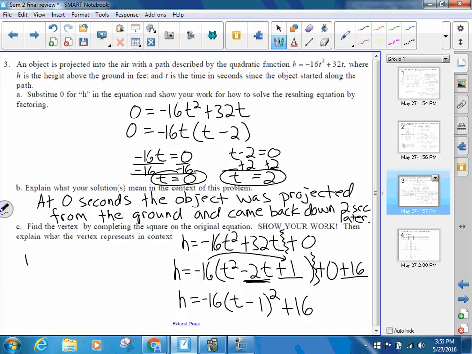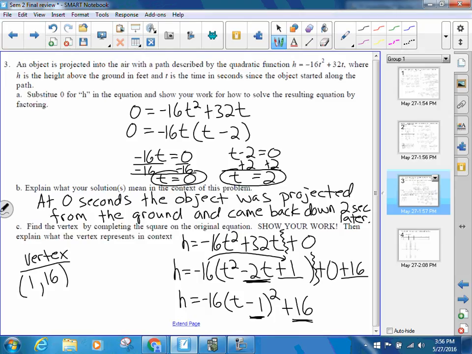So now my vertex is going to be the opposite of whatever is happening to the t. So that's -1, so it's going to be +1. And my y value for my vertex is the 16, whatever comes after. So my vertex is (1, 16).